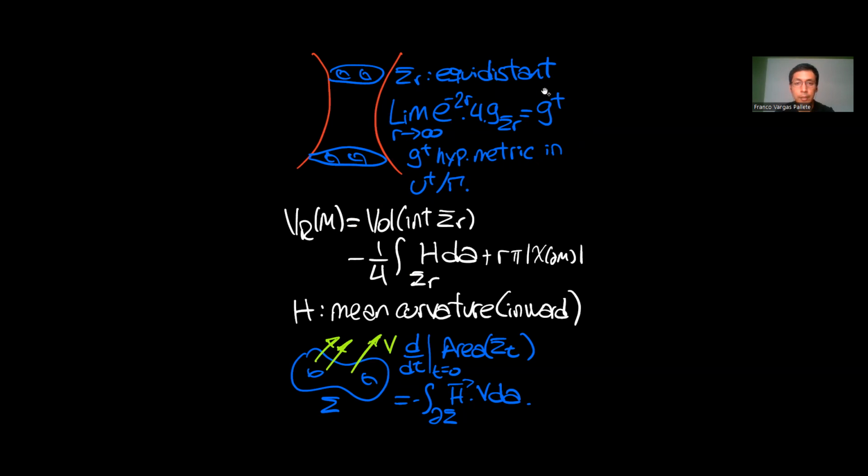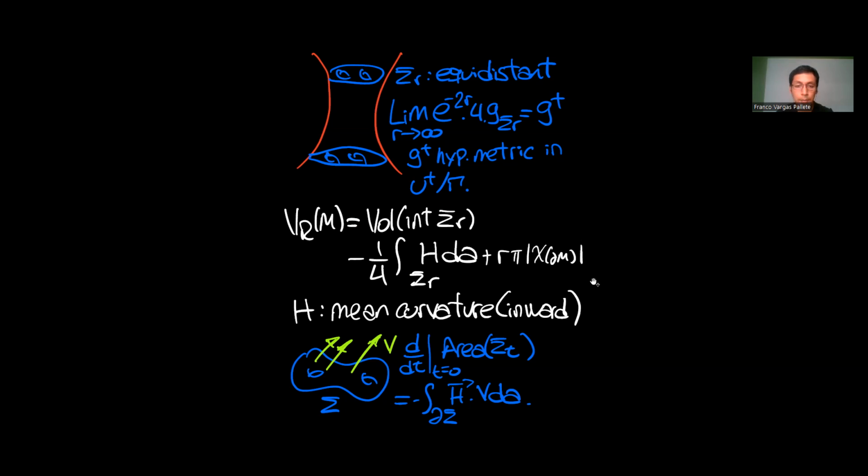So this characterizes this equidistant foliation at infinity. Then I'm going to define the function of renormalized volume as the volume interior to the r leaves of each end, minus 1/4 the integral of the mean curvature pointing inward along the surface sigma r, plus a linear term in r that depends only on the Euler characteristic of the boundary.